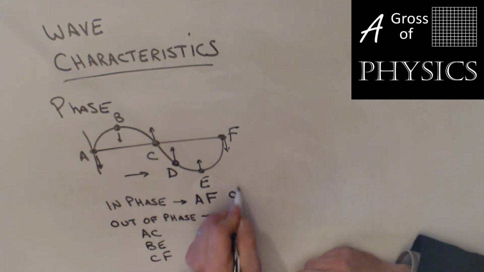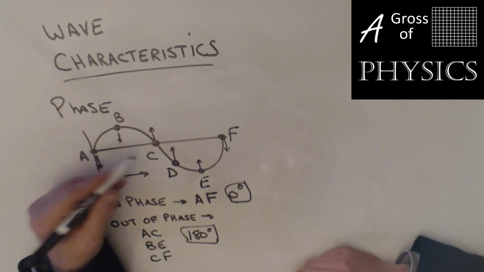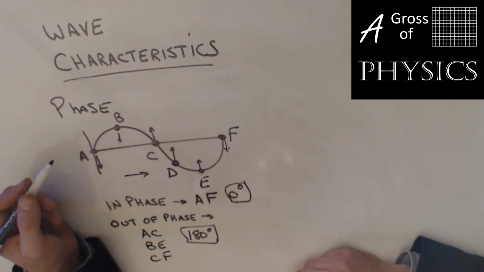In phase is 0 degrees, and out of phase is 180 degrees. So either they're with each other or against. If you remember, 360 degrees completes the full graph, then 180 is the opposite. This will lead into wavelength, which we'll talk about next.